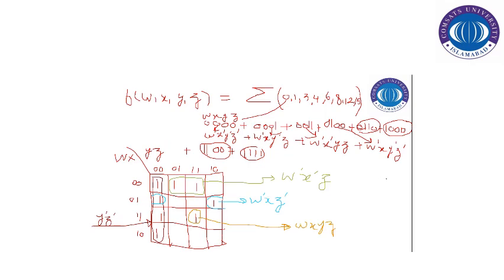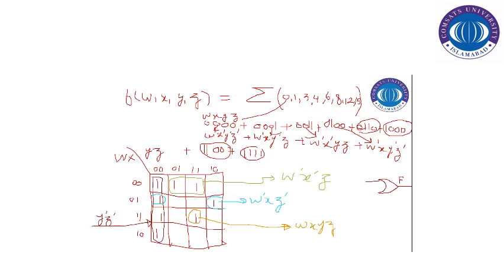So we've got an OR gate here at the output, and the output of this OR gate is F. And it contains 4 terms.